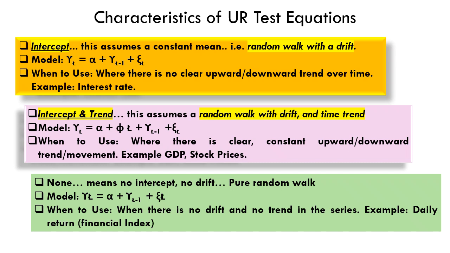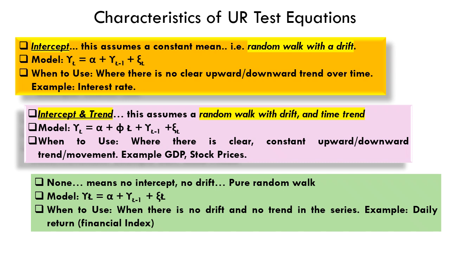Now, when you have data that shows a constant mean based on the trend visual, and exhibits a random walk with a drift, then the intercept parameter is often expected to be used. Here you find that your data would not show a clear upward trend or downward trend over time, and with that, it shows you that there's a random walk with a drift in that data.